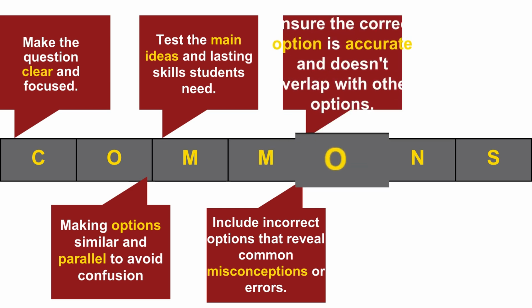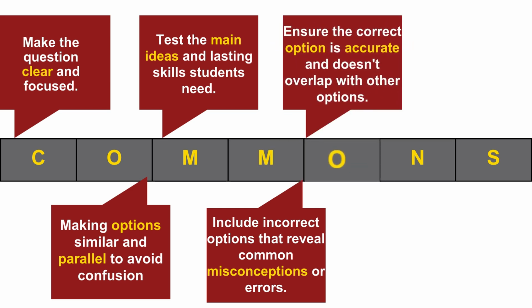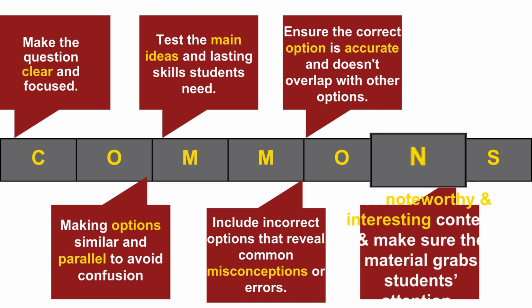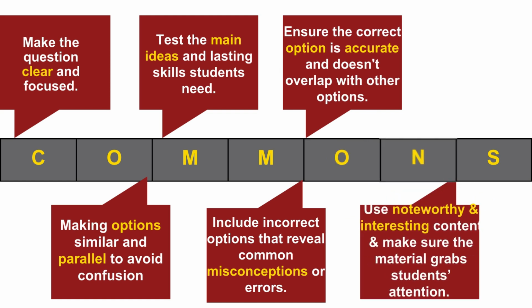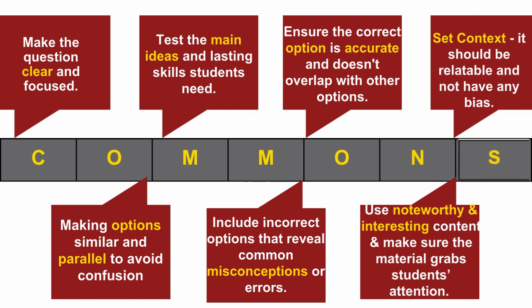O is to ensure the correct option is accurate and doesn't overlap with other options. N is to use noteworthy and interesting content and make sure the material grabs students' attention. And S is to set the context. It should be relatable and not have any bias.